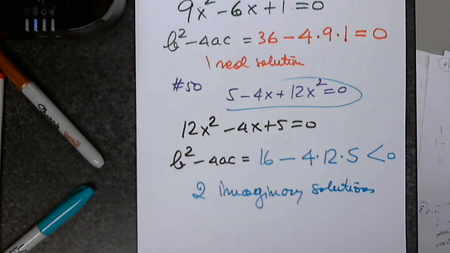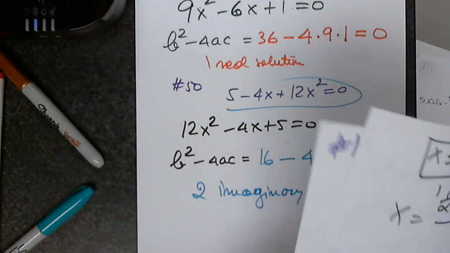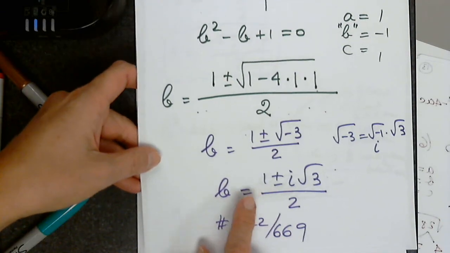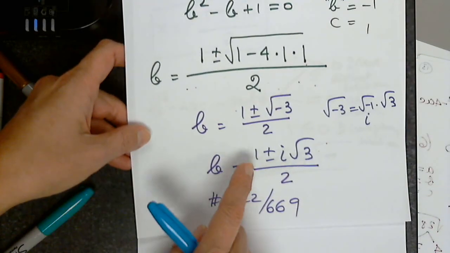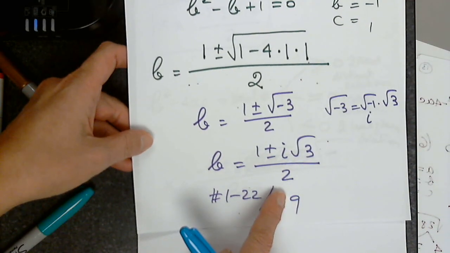Now, one more remark, and then I will choose a problem. Okay, I want to go back to a solution like this one. See, the solutions for this equation are 1/2 plus or minus i times the square root of 3 over 2.